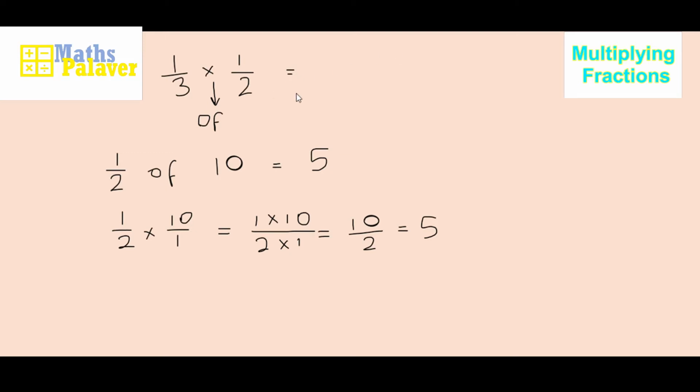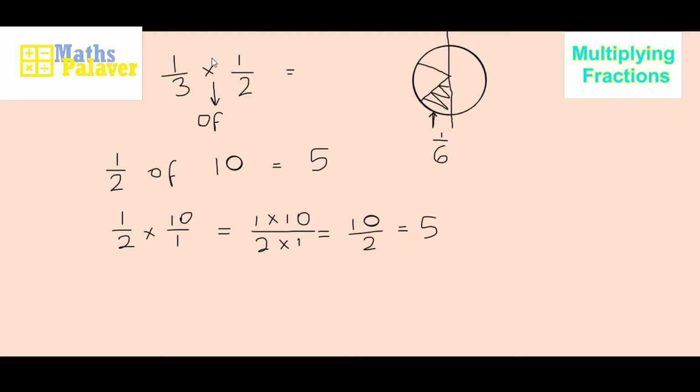I'll explain further, going back to this first question. If I've got a whole pizza here and I split that into two, so I've got a half of the pizza on each side. If I split that half into 3 and I find a third of that, a third of a half is the same as 1/6 of the entire pizza.